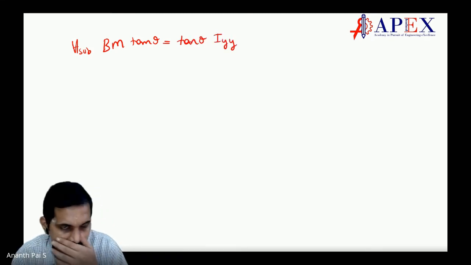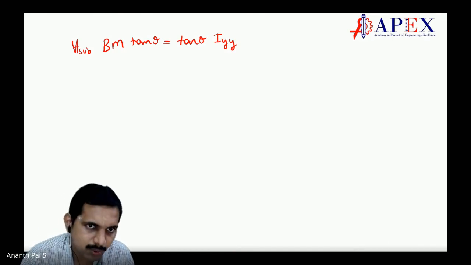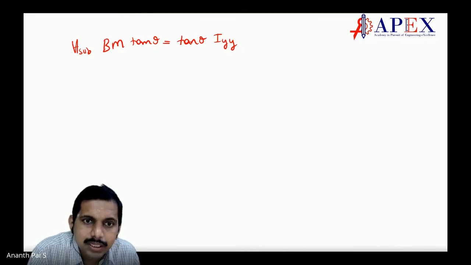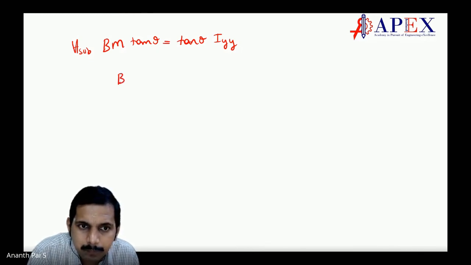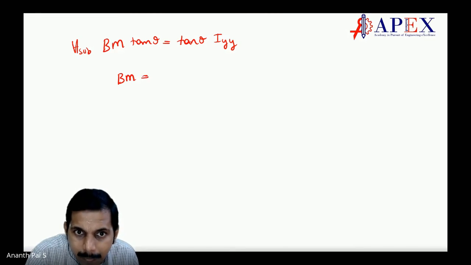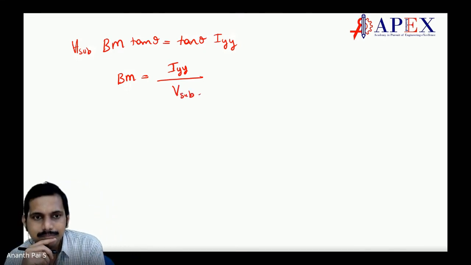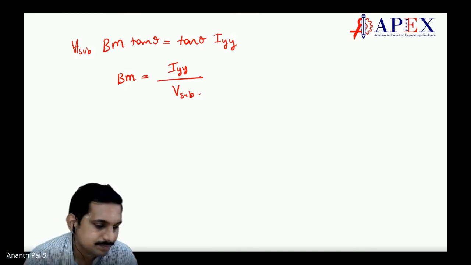Correct, students? Now with this, if I consider bm tan theta, bm is equal to I y divided by V submerged. Easy? Correct, students?